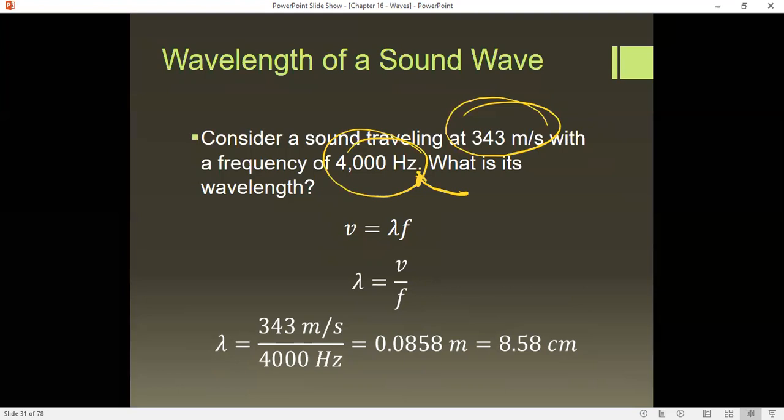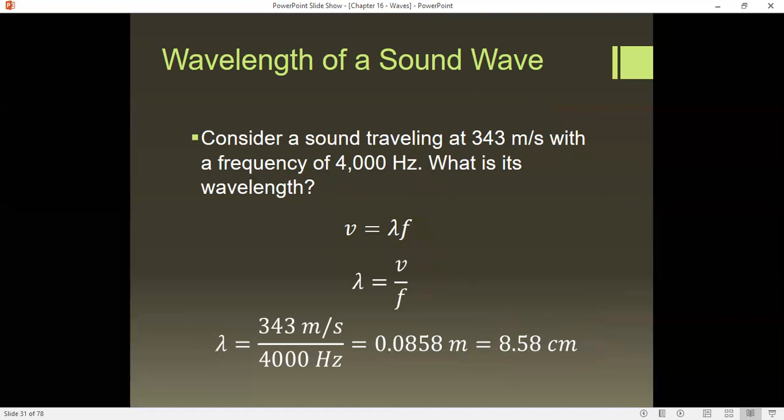We solve for this from the original equation, v equals wavelength times frequency. I divide both sides by frequency, and I get wavelength is velocity divided by frequency. So I do my calculation. I get 0.0858 meters, or this wavelength is 8.58 centimeters.